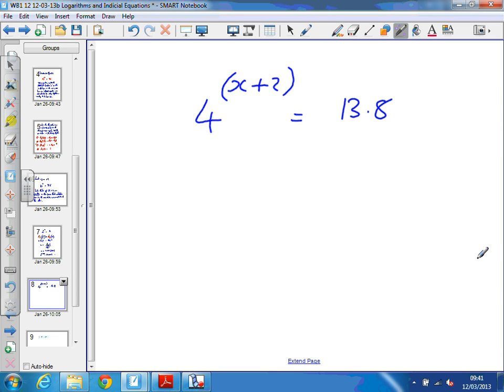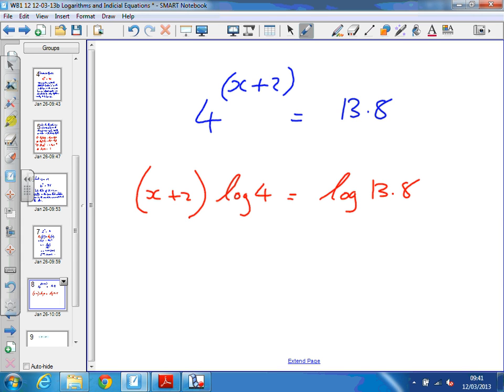So we can miss out an intermediate step and just write, therefore, x plus 2, which is the power, multiplied by the logarithm of 4 equals the logarithm of 13.8. So that's the first step, and that's generally what we do when we solve indicial equations. We take the logarithm of both sides, which means that whatever the power is, it comes down and multiplies.